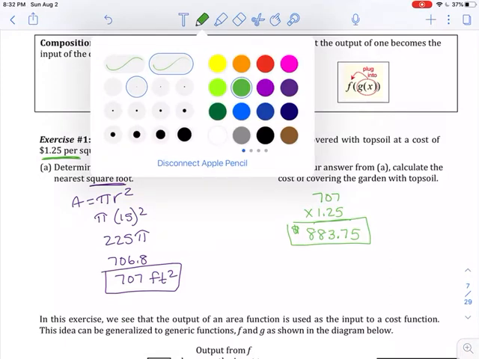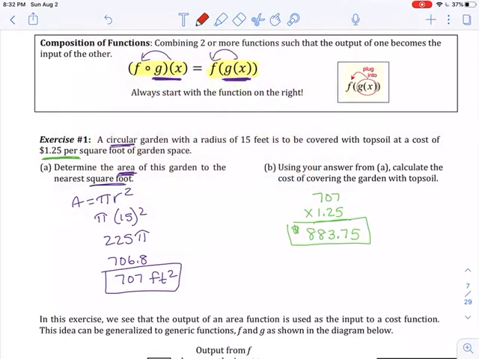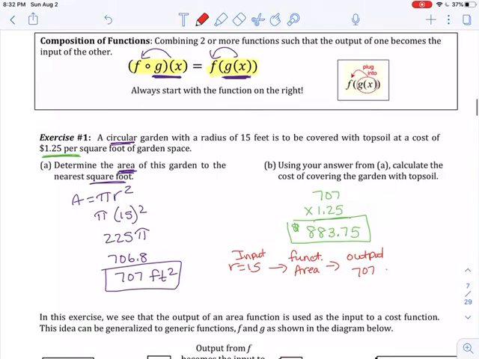What I have here is I really just have two functions. I have a radius of 15. This is my input. I put it into the first function, which is finding the area. So that's the first rule, finding the area. And I get an output, that's my area, of 707 feet.